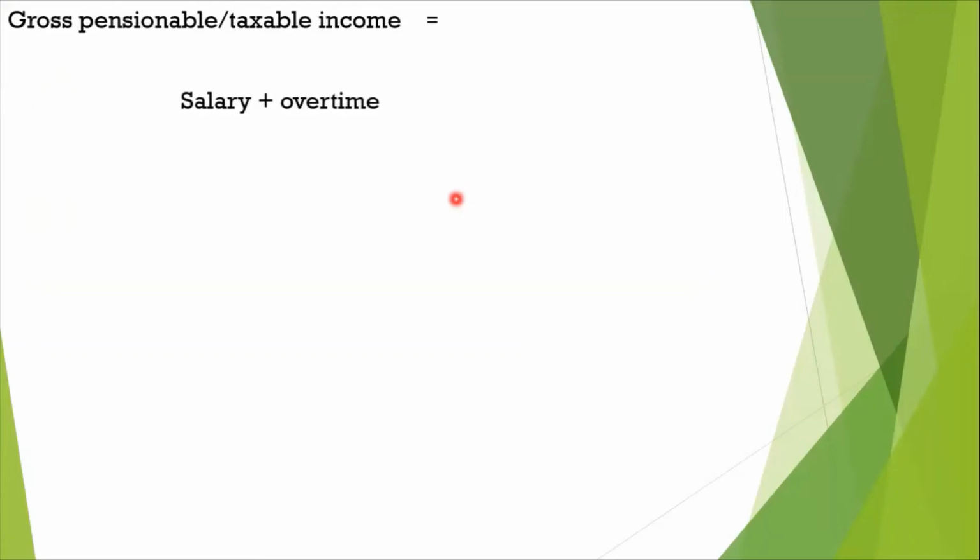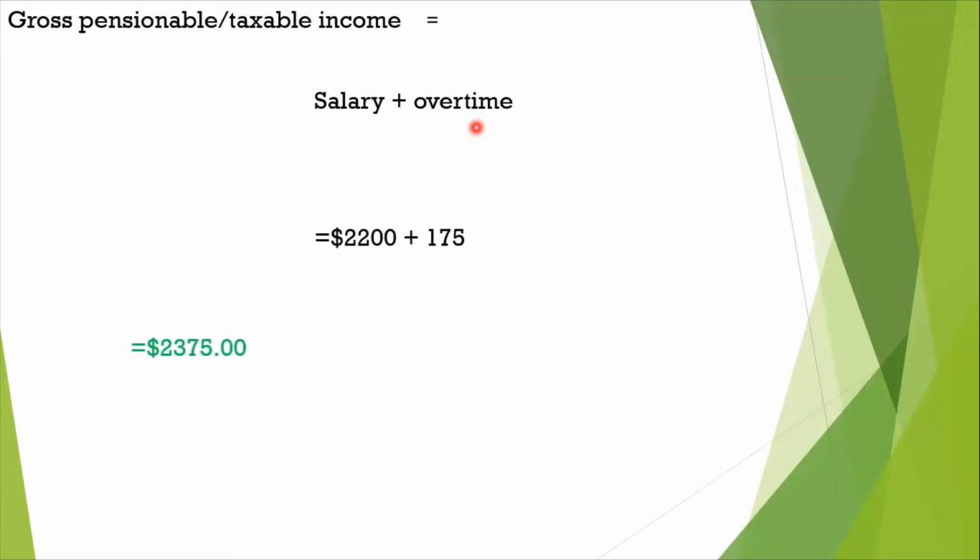If you look at this, we will talk about the gross pensionable taxable income, the way we already talked about it when we were calculating the CPP. To get the gross pensionable taxable income here, you take your salary plus the overtime. That's all we are going to work with, because we have not been told that he got allowances, a cash taxable benefit, or a non-cash taxable benefit.